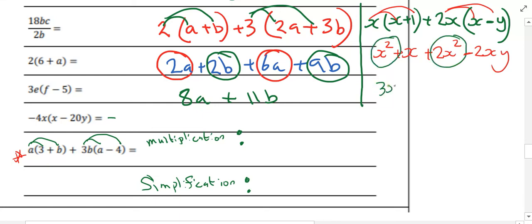So we've got 3x squared. We just got a single x by itself, and we've got a negative 2xy. Okay, so I'm going to leave these there, and I actually like the distributive law.